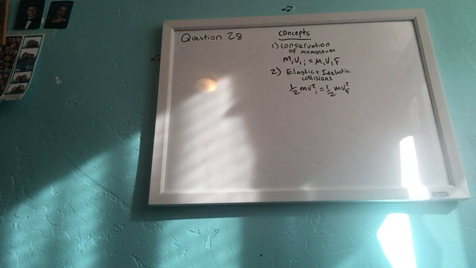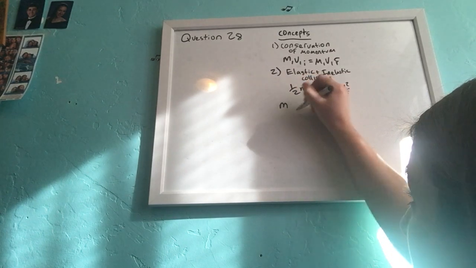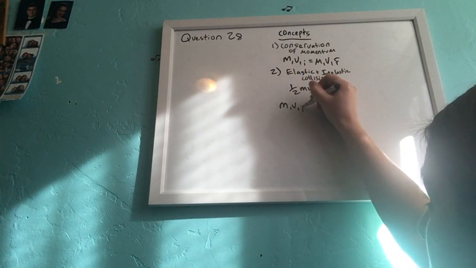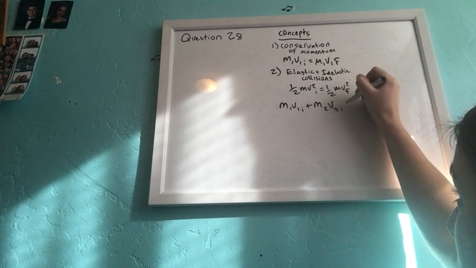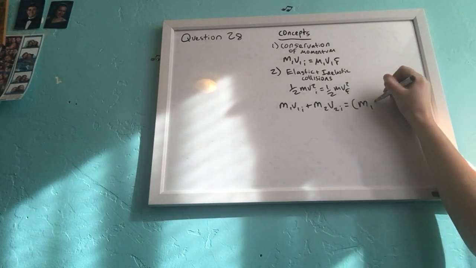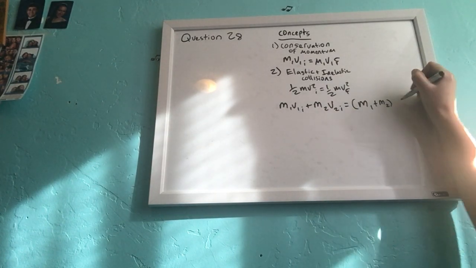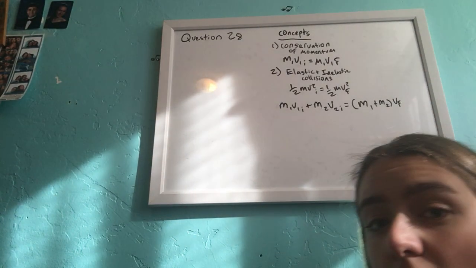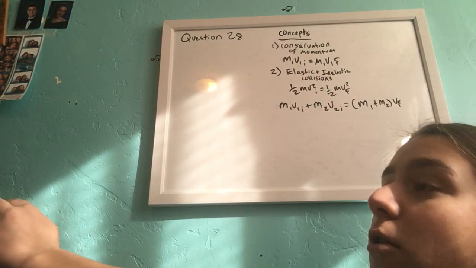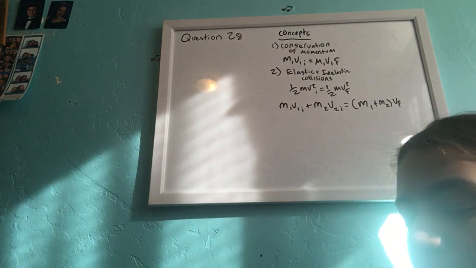The equation for that is m1 v1 initial plus m2 v2 initial is equal to m1 plus m2 times the final velocity. So the objects are moving, then they stick together and go together at a final velocity.